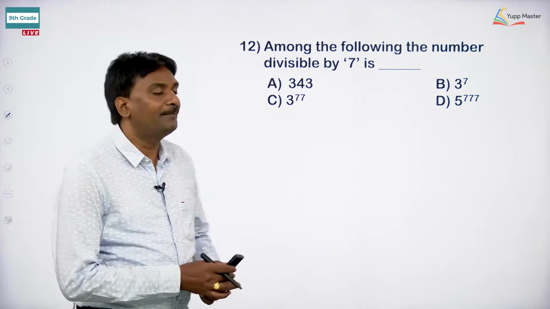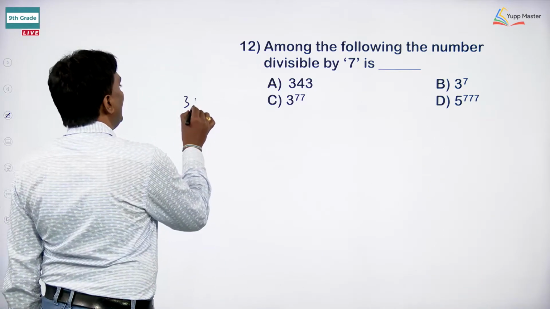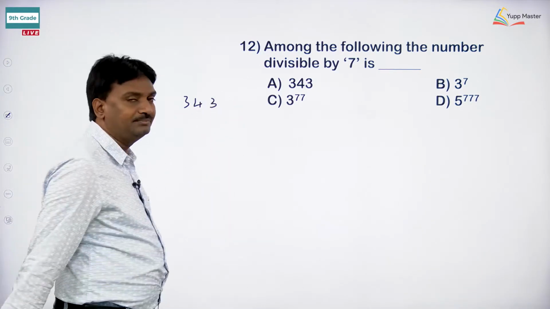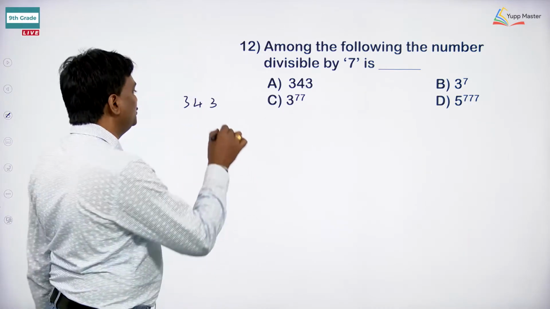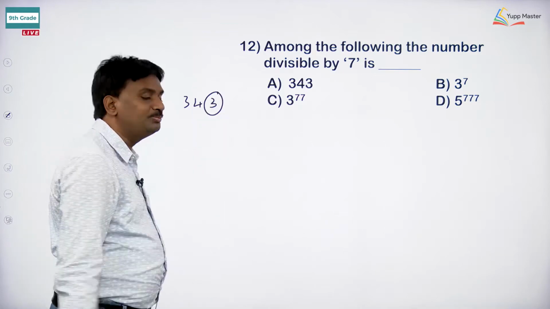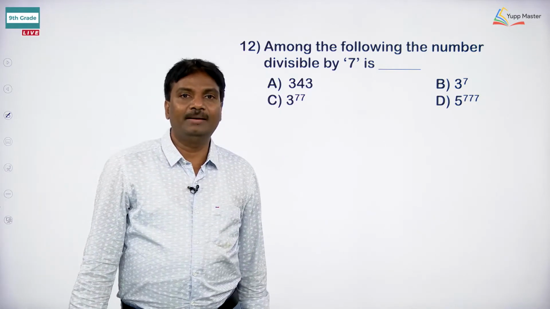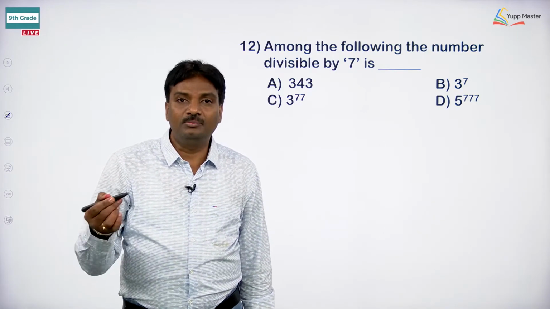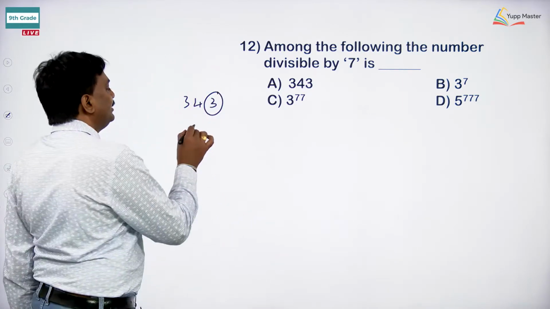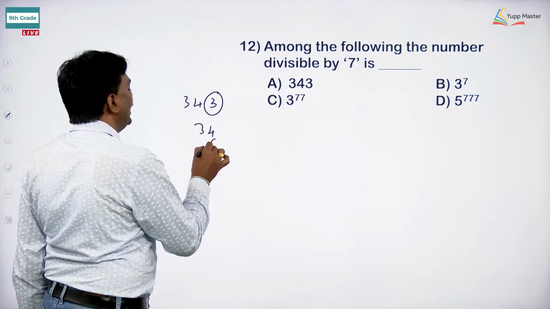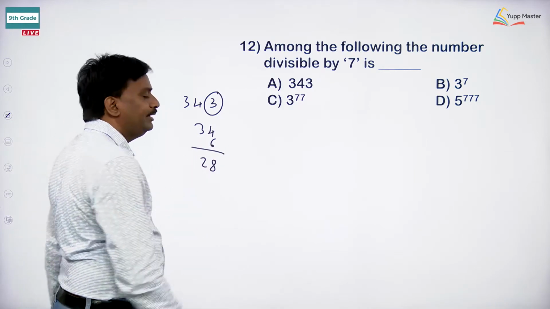By taking option A, we have the number 343. According to the rule, double the number in units place, where the number in units place is 3. Double the number 3 means 6. So subtract 6 from the remaining digits: 34 minus 6, that is 28.